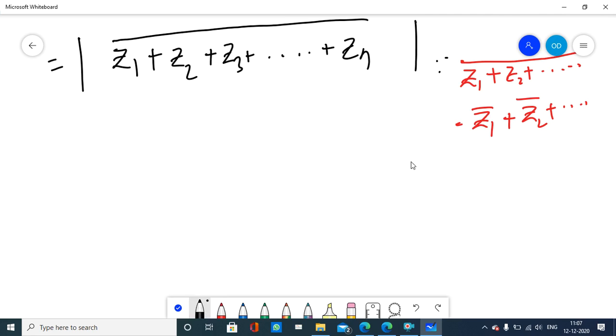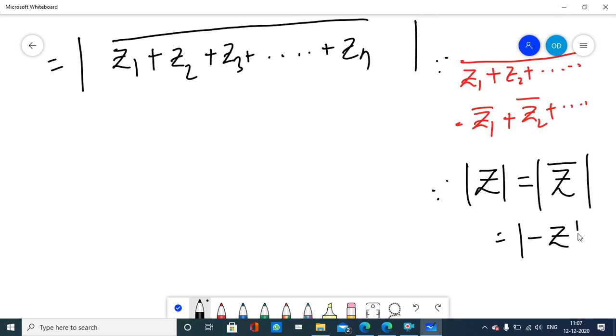Do you remember that in the last class we discussed that the modulus of a complex number is the same as the modulus of its conjugate, the same as the modulus of minus z, the same as the modulus of minus z conjugate?